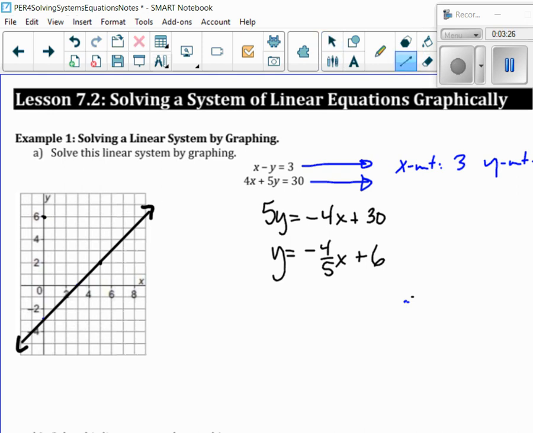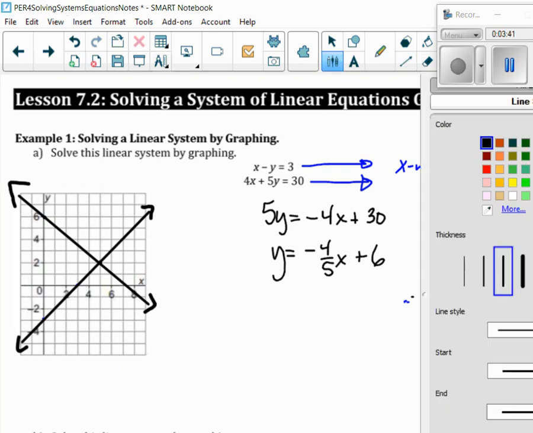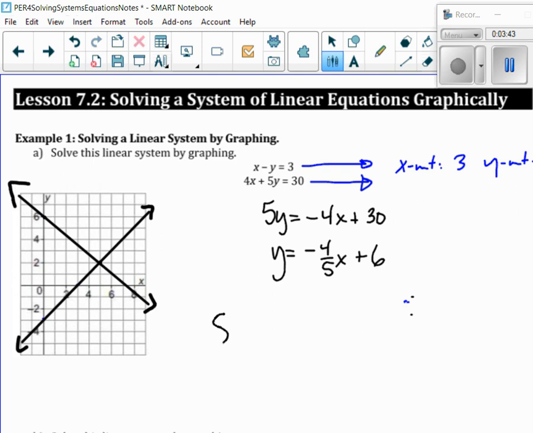Take my ruler and connect the dots there. And guess what my solution is? My solution is 5, 2. That's the point of intersection, right?